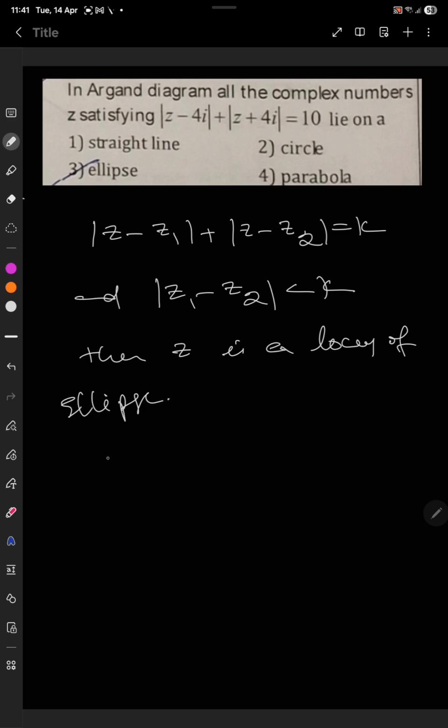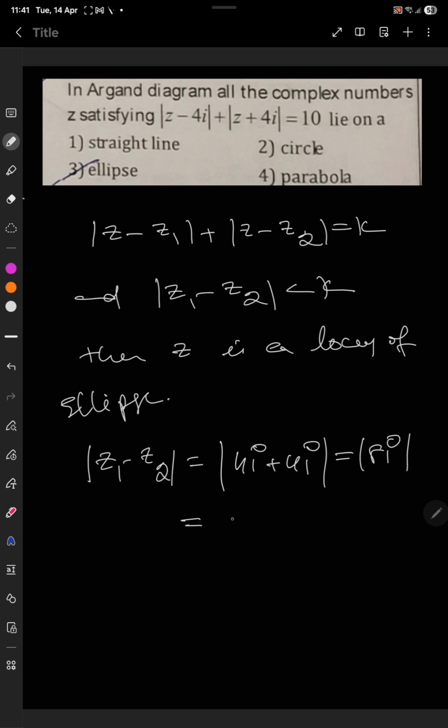Now |z1 - z2|, that is |4i - (-4i)|, that is equal to |8i|, that is equal to 8, which is less than 10. So therefore it represents an ellipse.